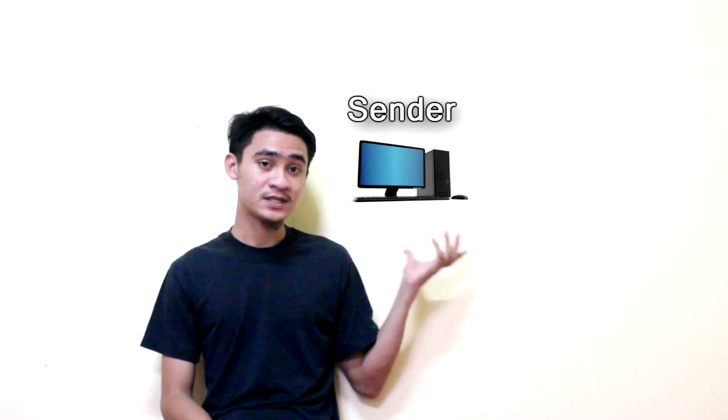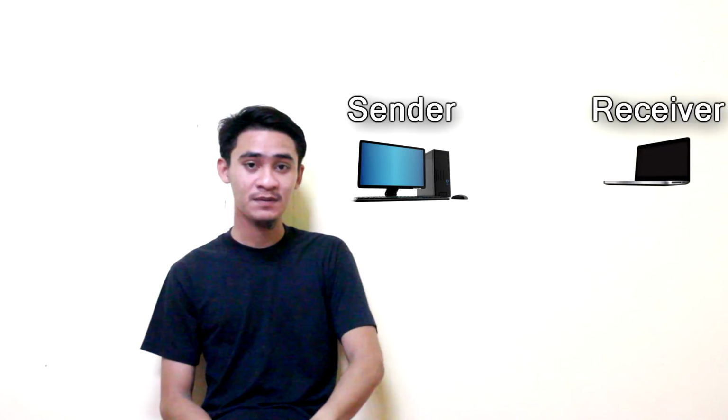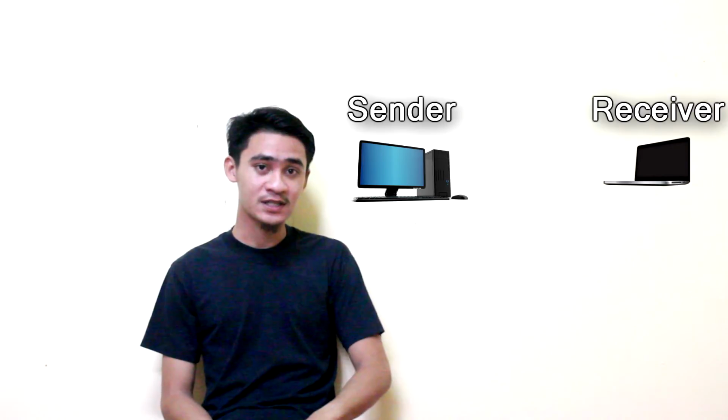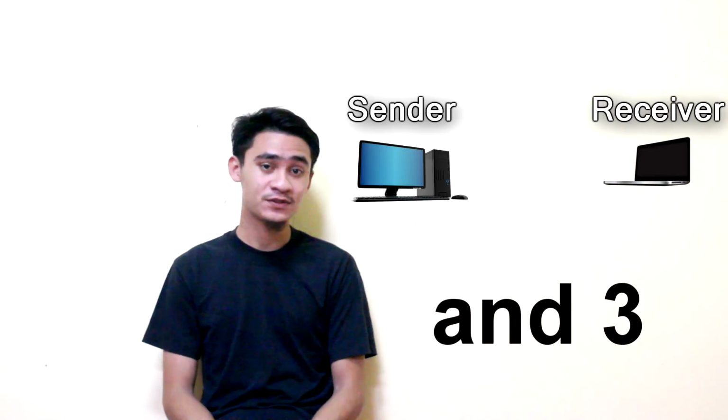And for the next, UDP. With UDP, when you send the data, there is no checking anymore. So we have the sender and receiver. It's the same as TCP. The receiver will ask the sender, hey, I need data set 1, 2, and 3.